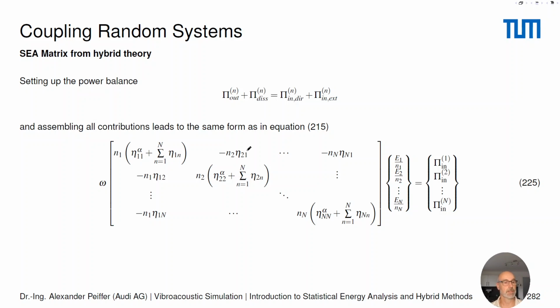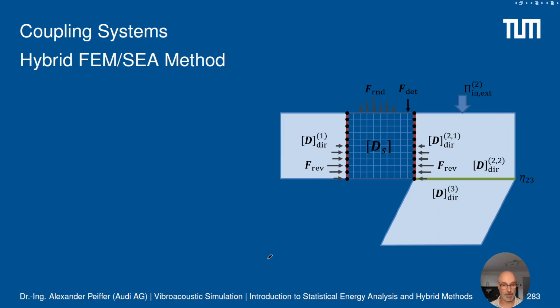And this here is the backflow, the energy that comes back from all other connected subsystems. And this is the SEA equation derived in a hybrid way. The only difference is the often mentioned loss factor that includes also the loss in the connected deterministic subsystems. Good. So far for that.